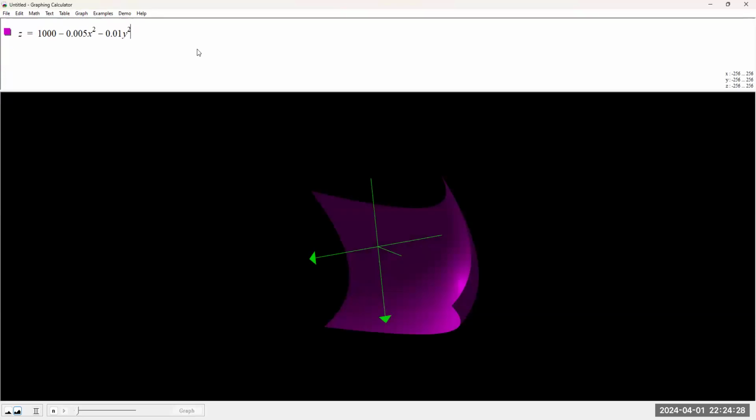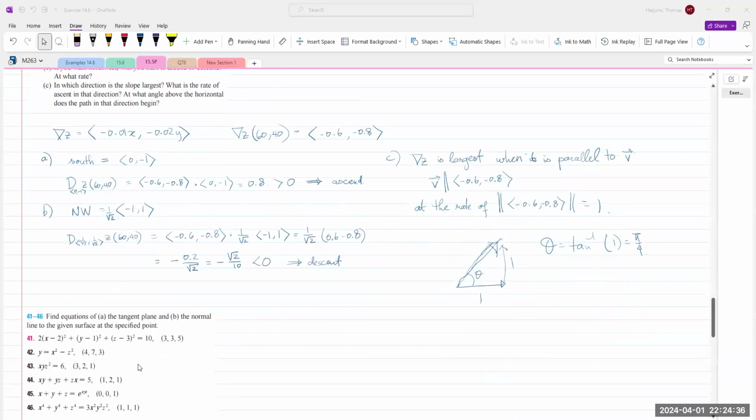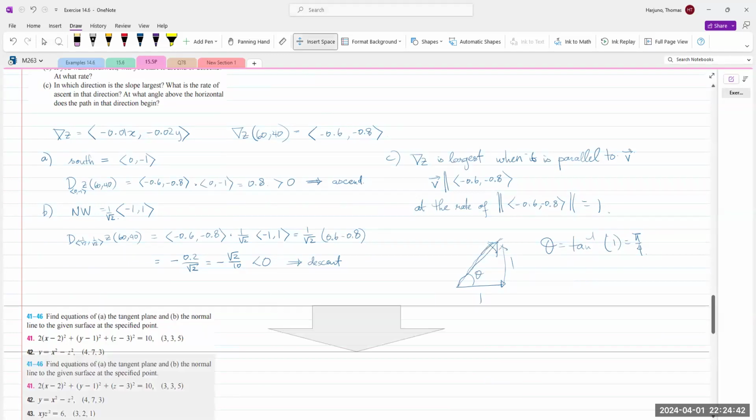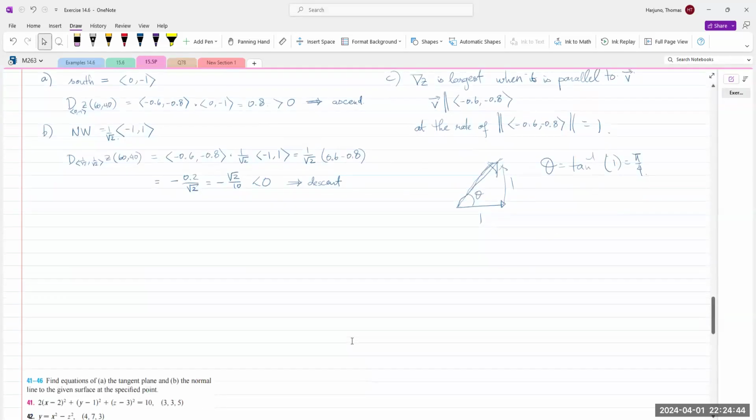Now, let's go back to our nodes. So think of it this way. So when we see just the domain, right? 60, 40, 60, 40 here. Okay.